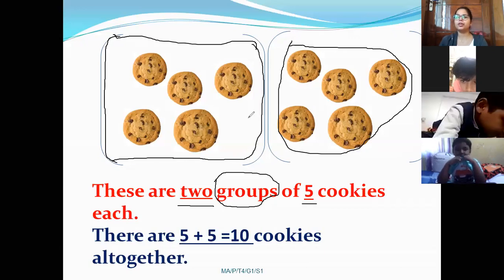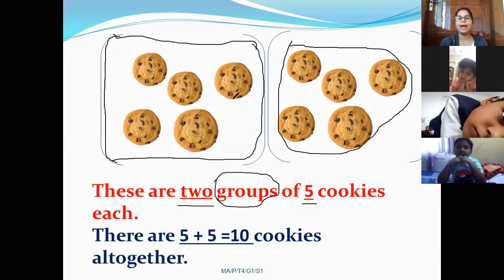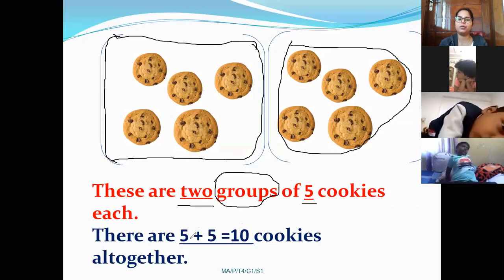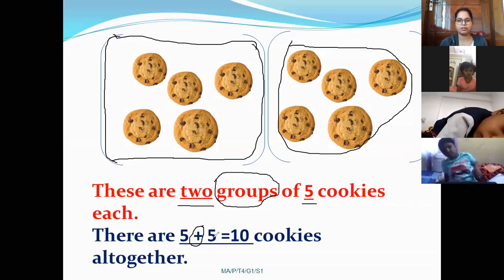How will I denote this in addition form? I can write it as 5 plus 5. 5 cookies in the first group and 5 cookies in the second group. If I want to count them together, I will put a plus sign in between, right? So I can write it as 5 plus 5.